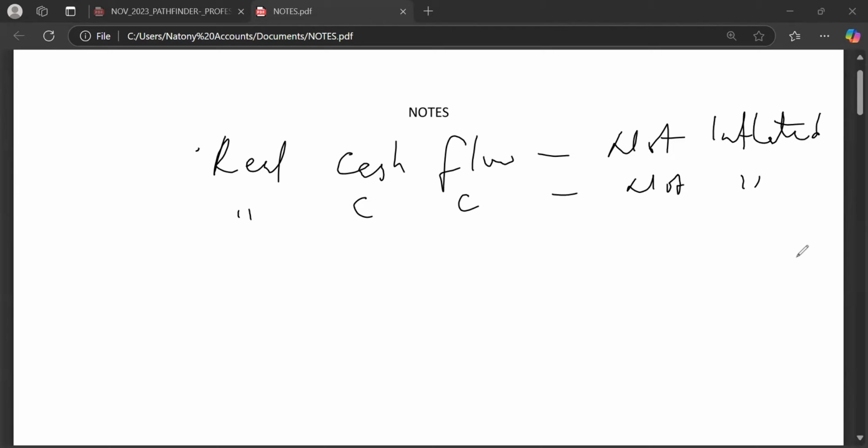So if I have this, I can go ahead to prepare my net present value, assuming that my cash flow is 100,000 and my cost of capital is 10%. So I can go ahead to get the net present value. So I'm going to be receiving 100,000 for the next 4 years.